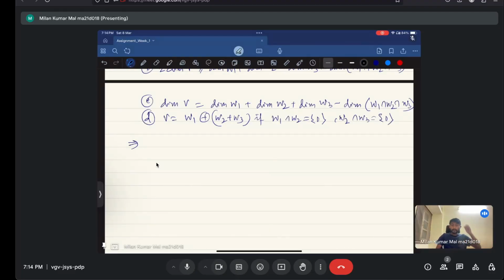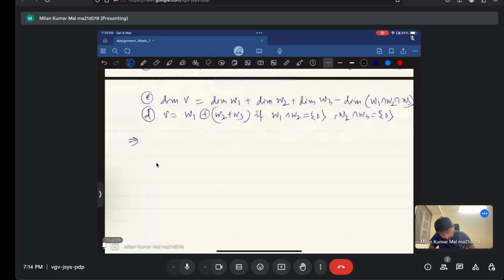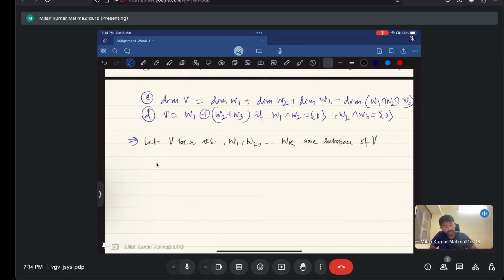So before saying this, what is the definition that I will write? Let V be a vector space, and W1, W2, all the way to Wk are non-trivial subspaces of V. That means they are not zero.